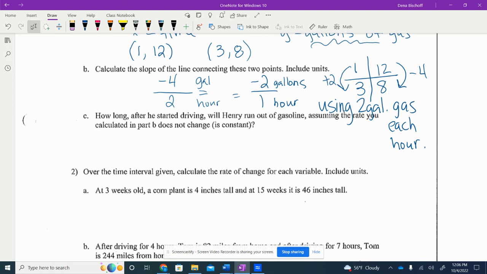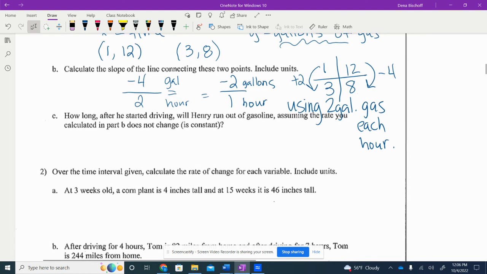He's probably driving like a turtle because that's not very realistic. So how long after he started driving will he run out of gas? How did you figure that out? Share your thinking. So I started with 12 gallons, and you took that and you divided it by 2 gallons per hour.